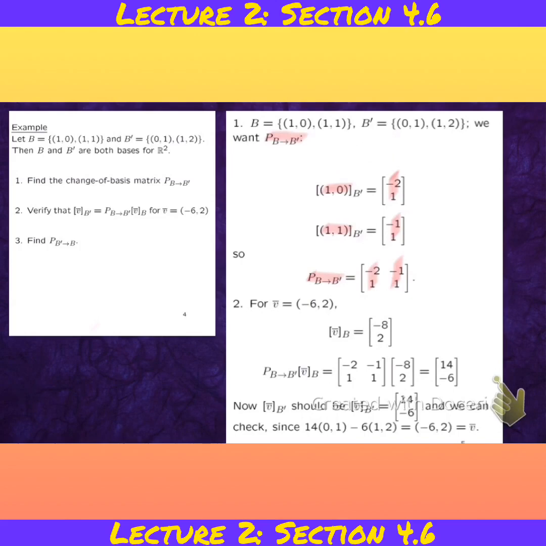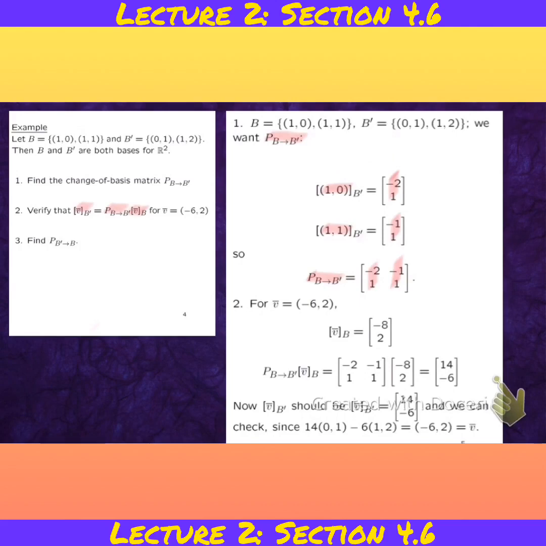The second question there, they ask us just to verify that the coordinate vector of v with respect to the basis B prime is in fact the change of basis matrix multiplied by the coordinate vector of v with respect to B. Now to do that is not difficult.